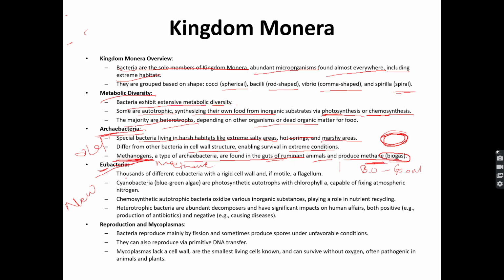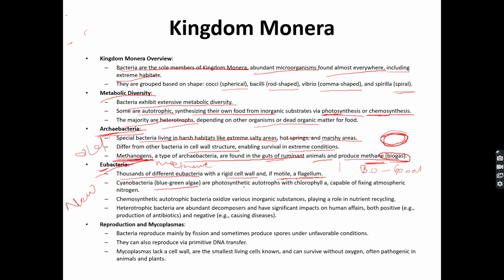Next is your eubacteria. Eubacteria can be of different types, and they also have a rigid cell wall, and they may be motile. If they are motile, they have flagella, which help the bacteria to move.